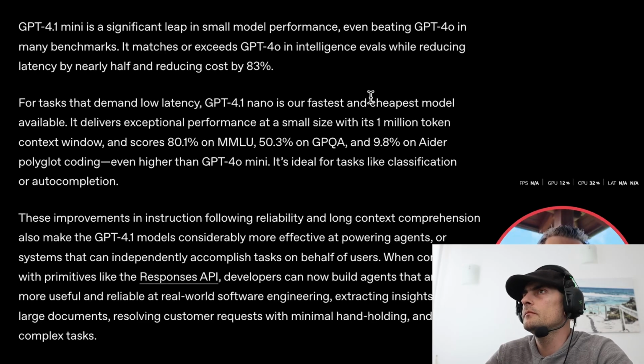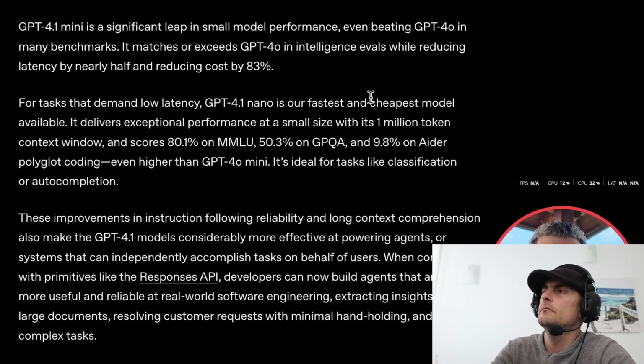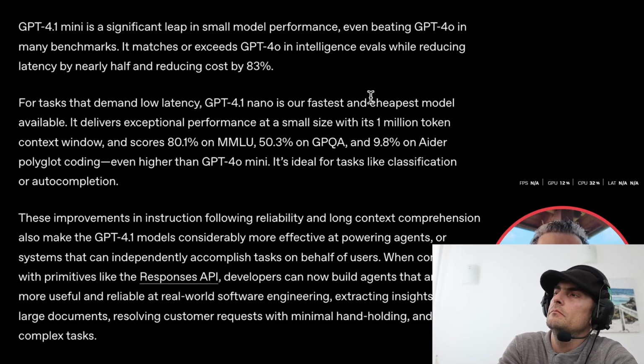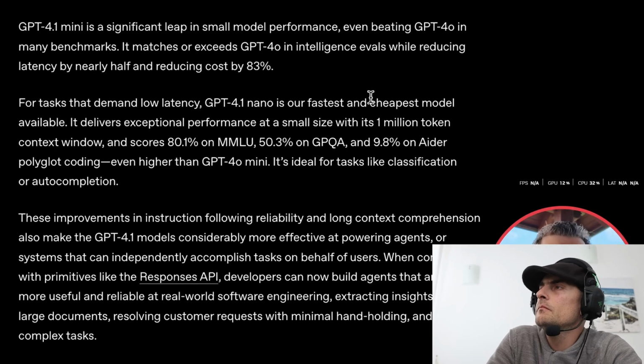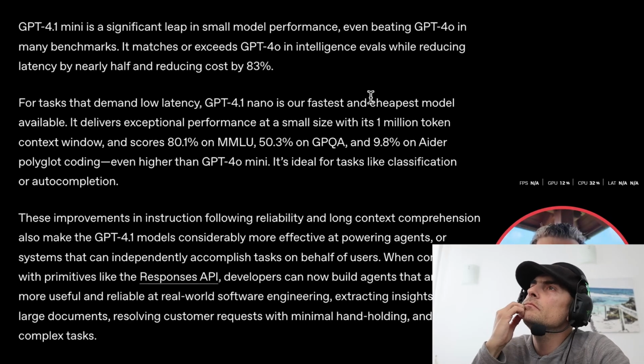Now, the cool thing is every one of these models has a 1 million token context window. And speaking of price, they're not charging extra for that long context. A lot of their competitors, which they pointed out, will charge you extra to use that really long context, but that's not the case with GPT 4.1. You simply pay for the tokens you use consistently across the token context window.